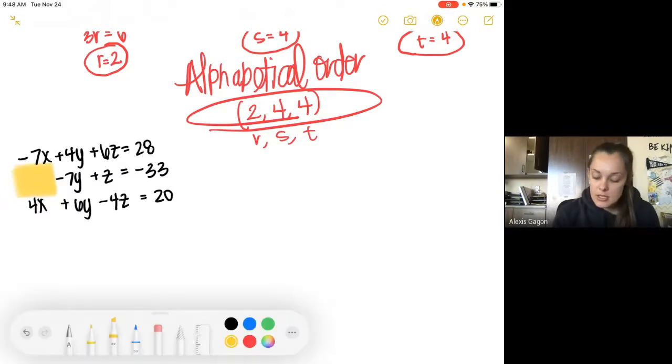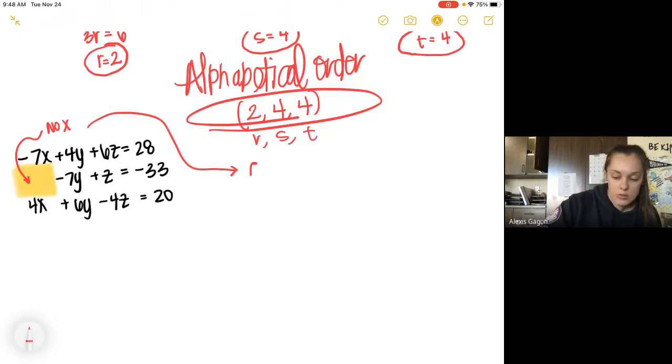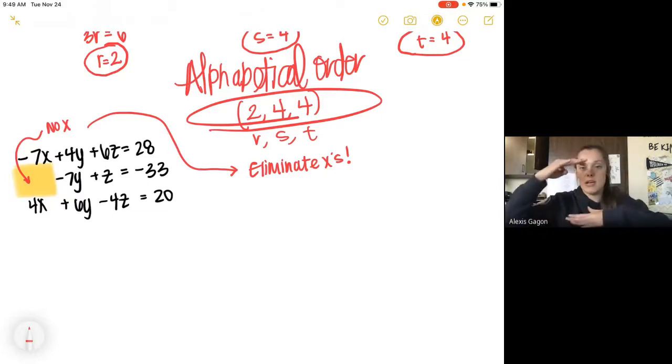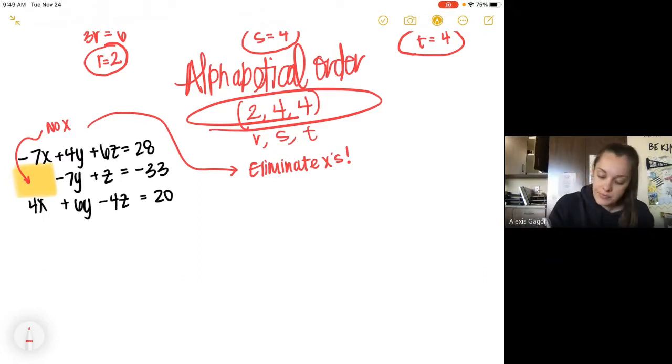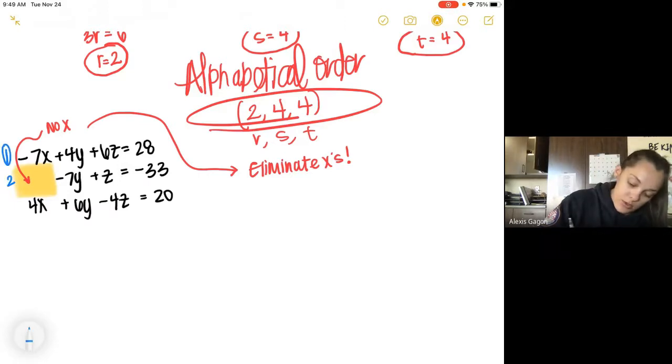Since there is no x variable here, we are going to just choose to eliminate the x's. All I have to do is work with equations 1 and 3, because in equation 2, it's already eliminated for us. So I'm just going to name these 1, 2, and 3.